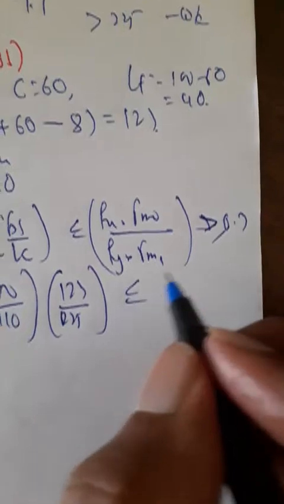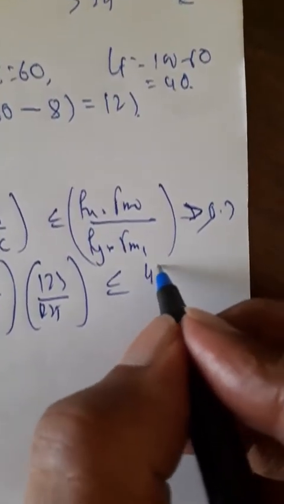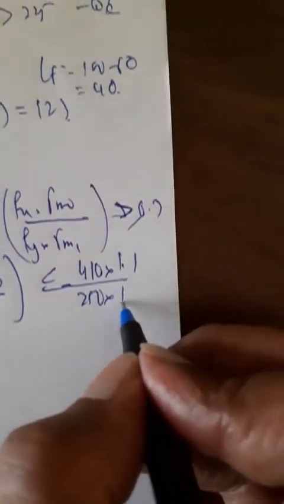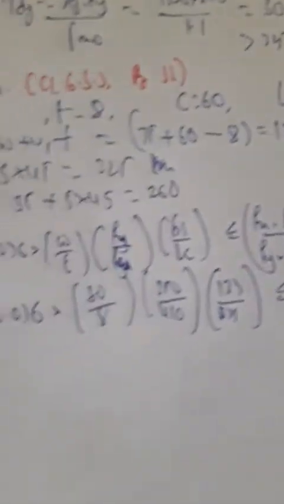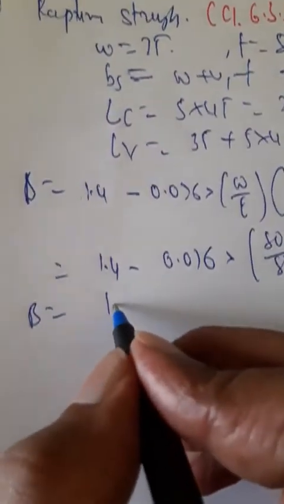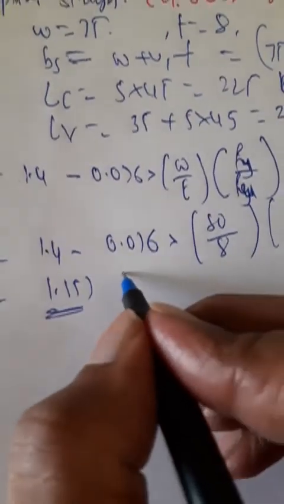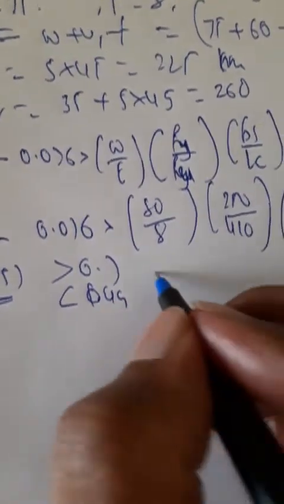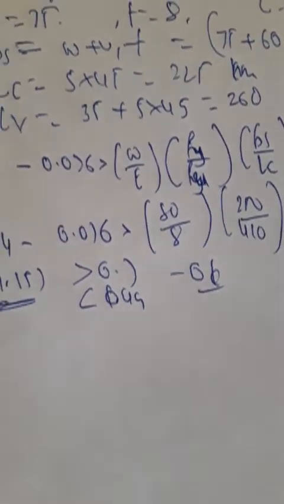Fu is 410, gamma m naught 1.1, Fy 250 into 1.25. Calculating all these, you get beta equal to 1.157, which is greater than 0.7 and less than 1.44. Hence this value is okay.